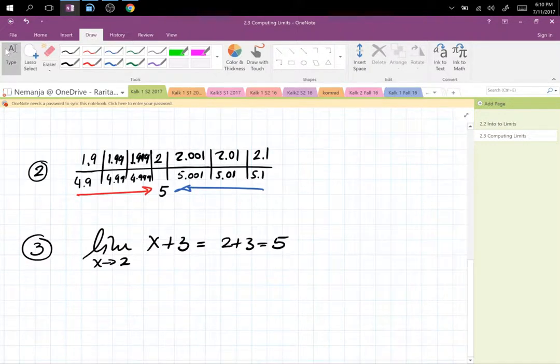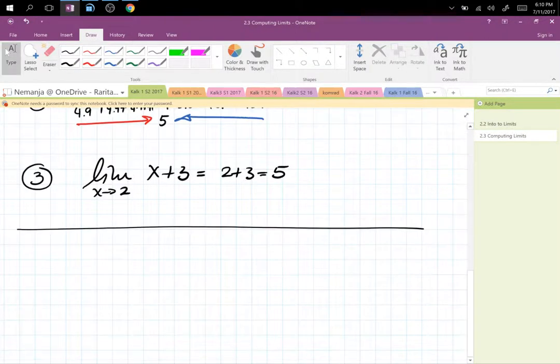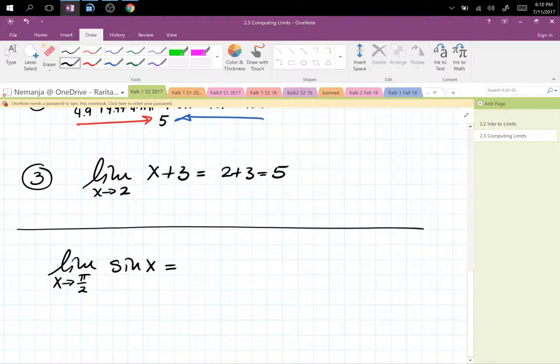So another example for something like this would be, what is the limit at x approaches pi over 2 for sine x? Well, sine x has nothing weird happening, right? It's just a happy function. It's a wave that goes from negative infinity to positive infinity, never having 0 in denominator because it doesn't have a denominator.